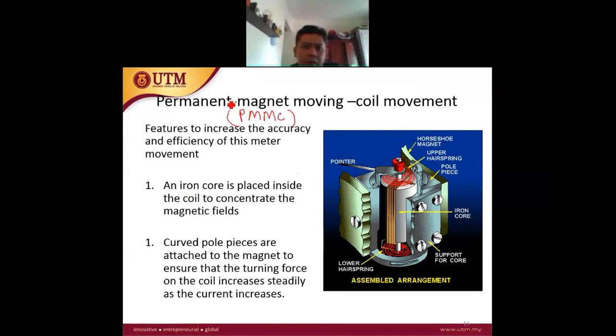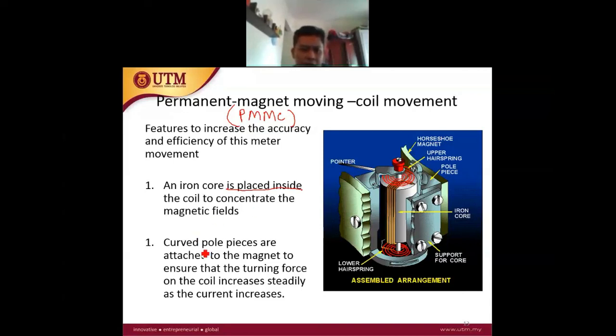The iron core is placed inside the coil. It looks like a cylinder, and the purpose is to concentrate the generated magnetic field.